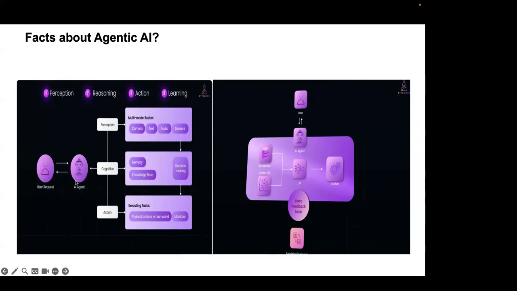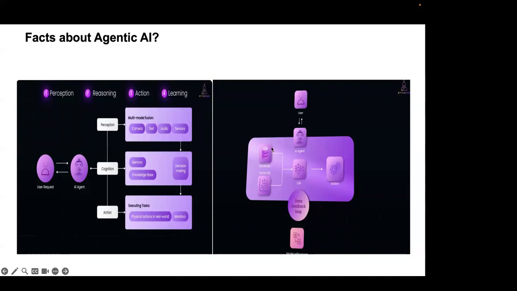It is intelligent enough that it can take commands from audio, text, sensors, and visuals. It then imbibes it in the memory, forms a knowledge base, helps in decision making, and then it takes the action. Looks fascinating, sounds fascinating, but yes, it is working.